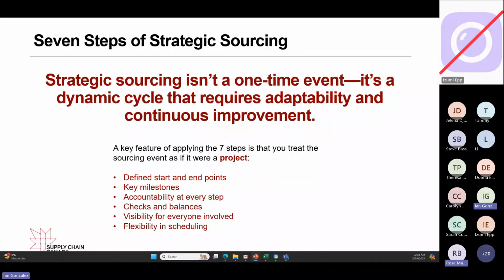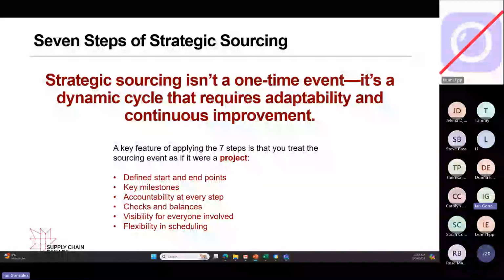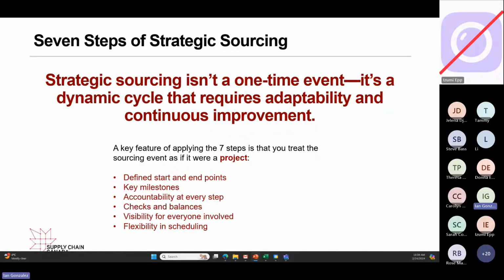From complex to simple sourcing, as long as you have to change the way you procure your materials and services, and you need to go to market, right? These 7 steps can be applied to anything, to various degrees of detail. Maybe more complex projects will require more time for some of the steps, but generally all kinds of sourcing events will go through these 7 steps.